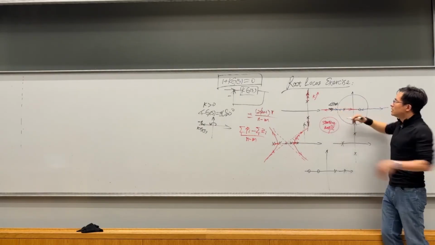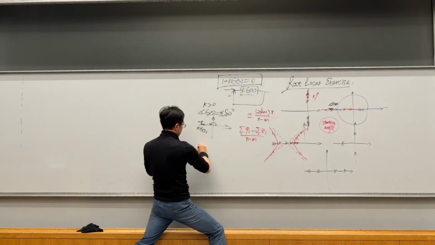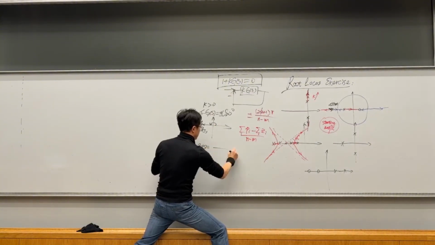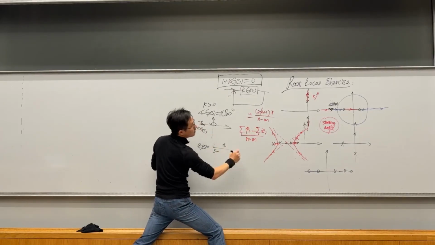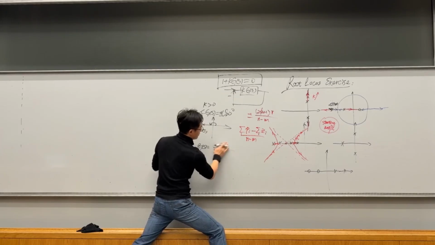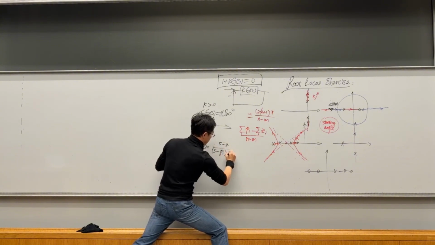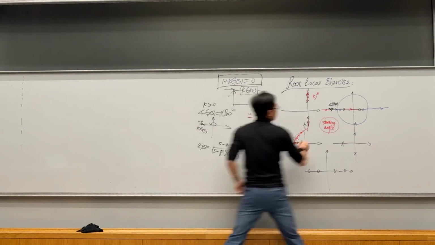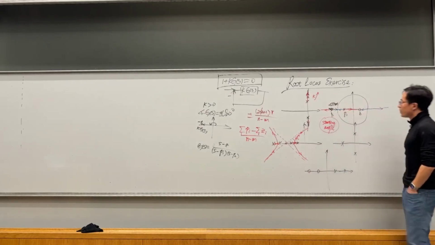So we know g of s for this one has a zero, s minus the zero, and then two poles.